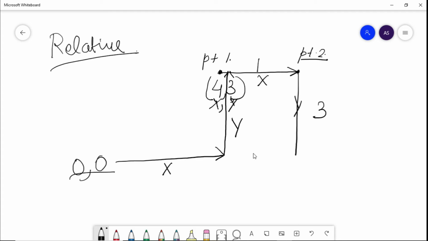In the relative coordinate system, the starting point becomes your last point of entry. So this 4, 3, which was the value of x and y at point 1, will become 0, 0 in the relative coordinate system. Now for point 2, the new value will become a movement in the direction of x, which is 1, and no movement in the direction of y, which is 0. So point 2 in the relative coordinate system will become 1, 0.